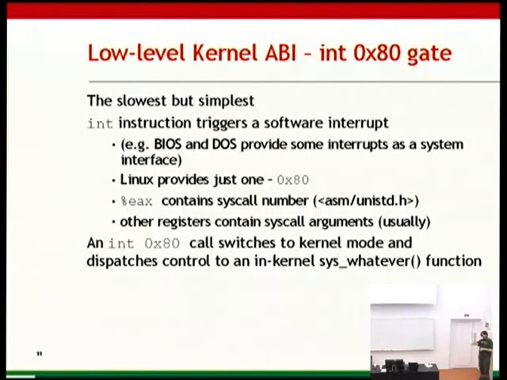And various parts of the system, the operating system, the BIOS, some extension cards, and whatever, will provide services in specific interrupts. And when the application requires some service, it will trigger a specific interrupt, and the control gets transferred to the code provided by the BIOS. For example, the BIOS does its thing and then returns the control.